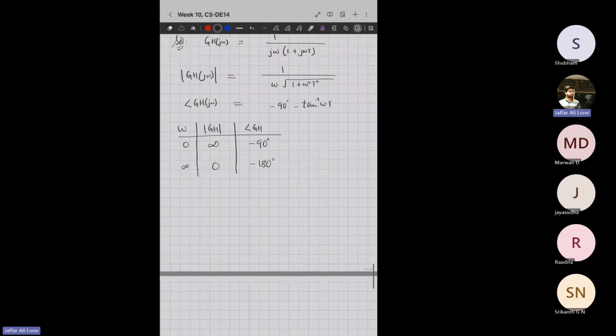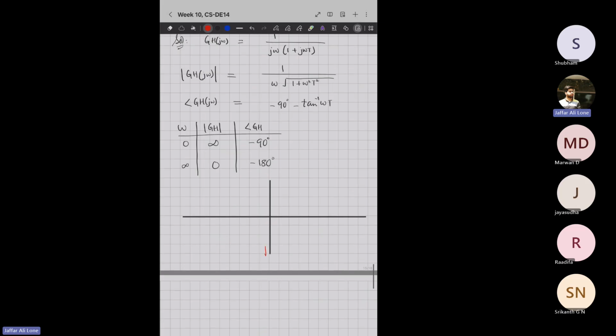Now let's plot it. When my omega is 0, my magnitude is infinity, in the minus 90 degree direction. In this direction my magnitude is infinity, so we can only show infinity as a parallel line to that axis.